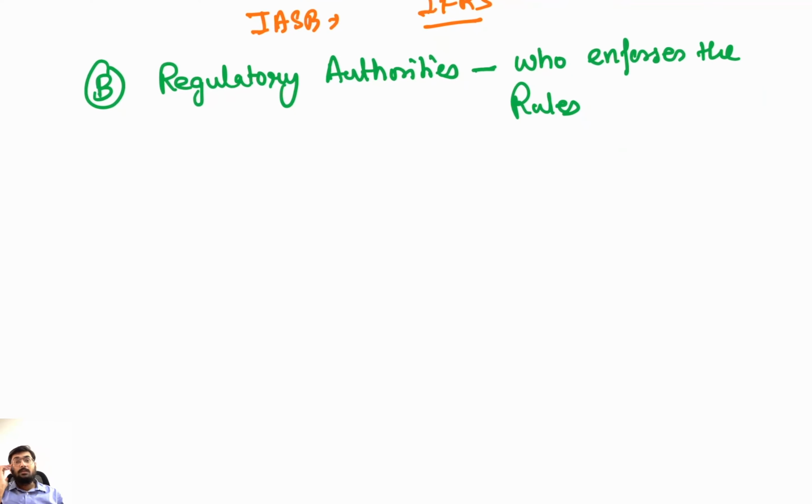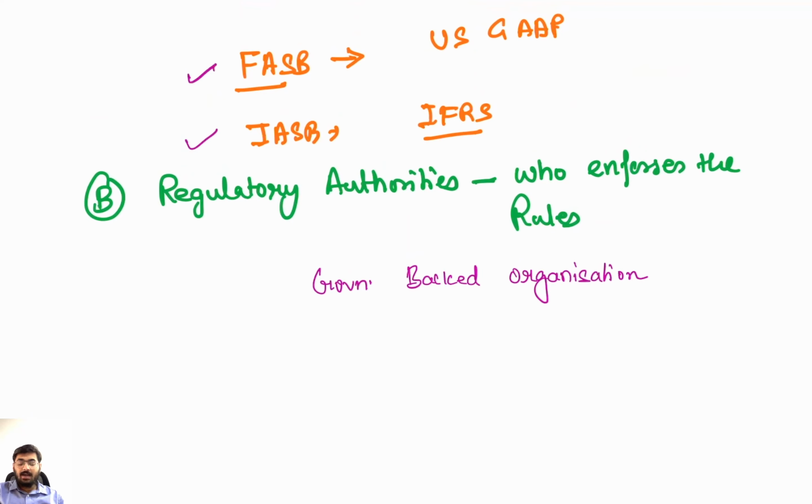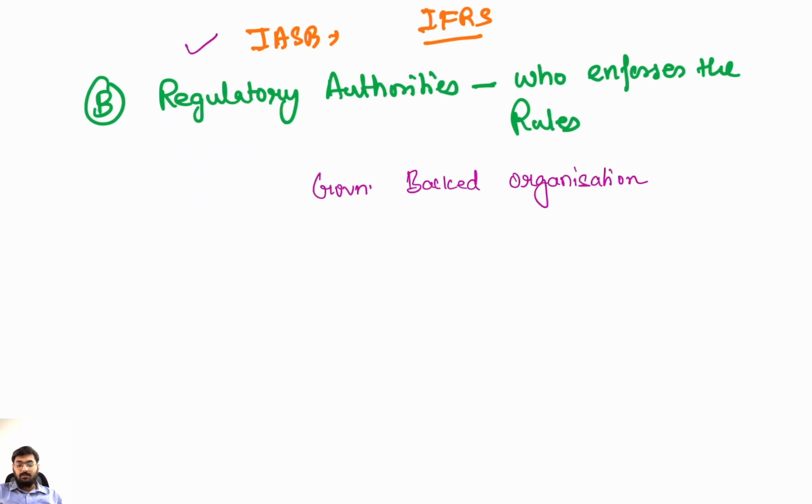Write down, these are government backed organizations that make sure companies follow the rules made by FASB and IASB. Clear? Write down examples.